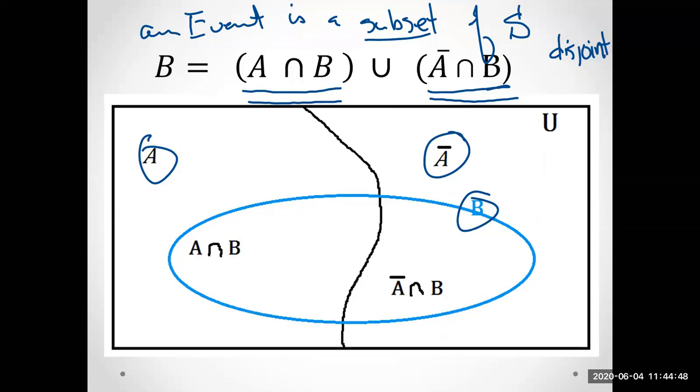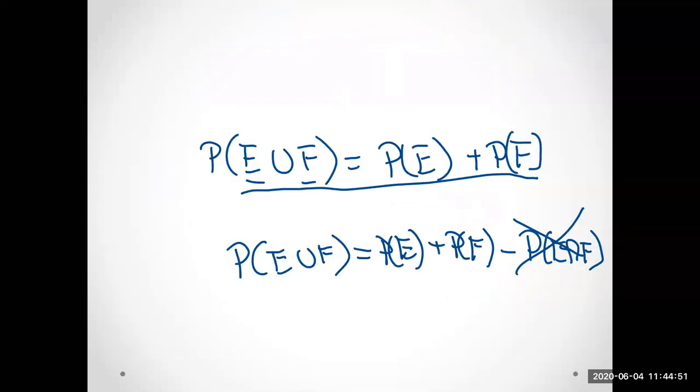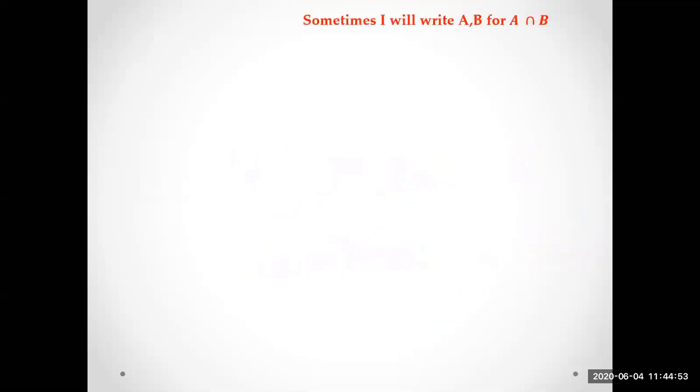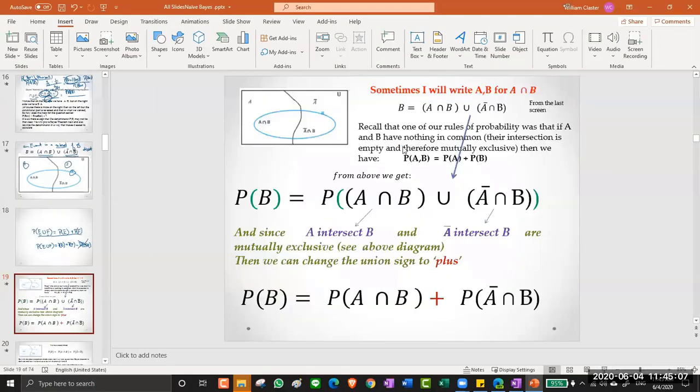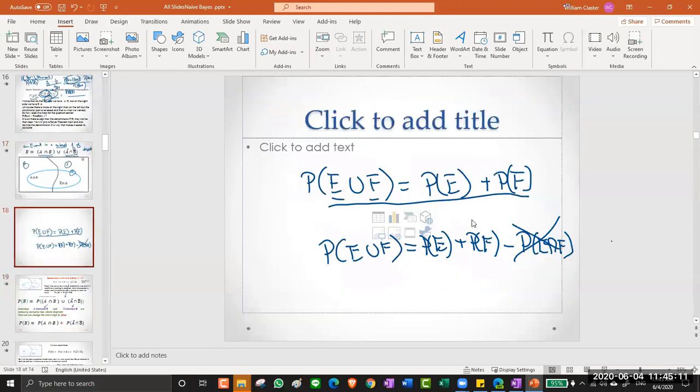So we just said that. By the way, sometimes books will write, instead of A intersect B, A comma B. Going back to here, A intersect B, how do I read this?